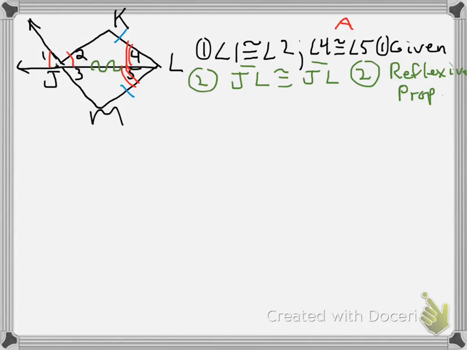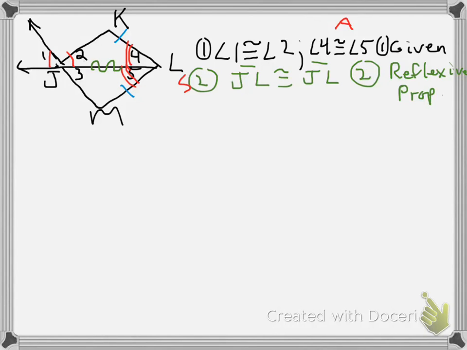Okay, that's the reflexive property of segment congruence, but I'm just going to write reflexive property, and that actually gives us our first S. So I'm going to put a little S right here. So we've got an A and an S, and the A is touching the S.